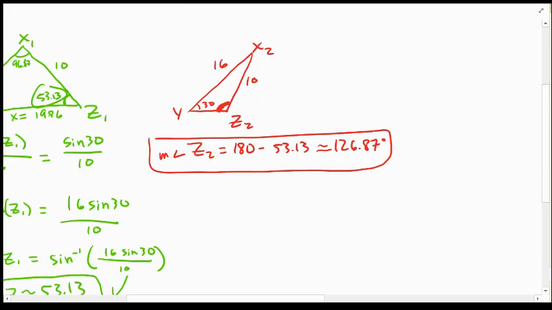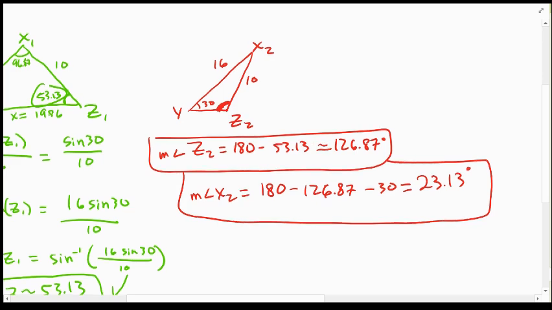I'm going to wrap up the red triangle by doing the same thing, where to find measurement of angle X2, I'm going to take 180 and subtract 126.87, and I'm going to subtract 30. And it gives me 23.13. That's my X2.